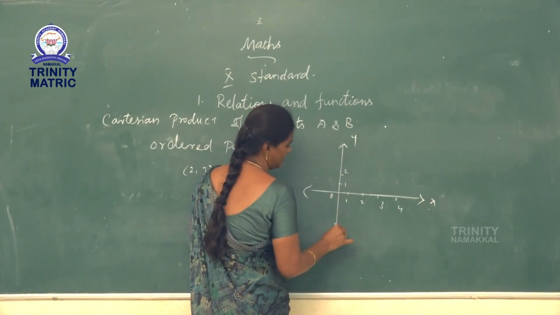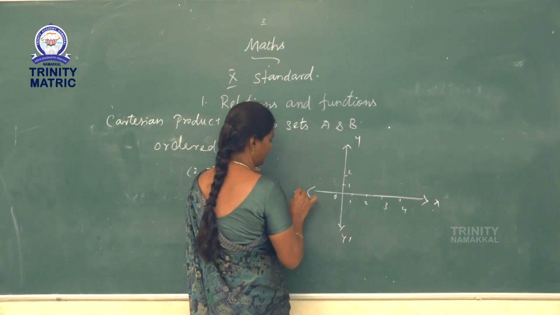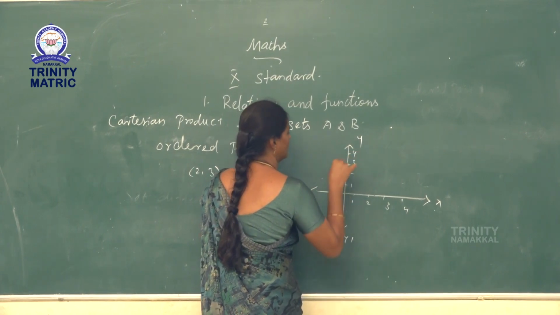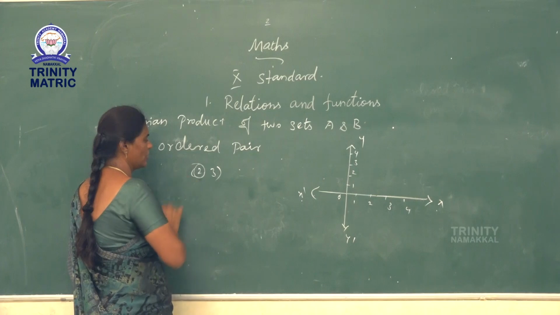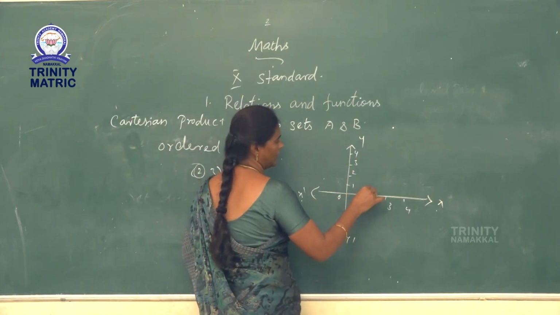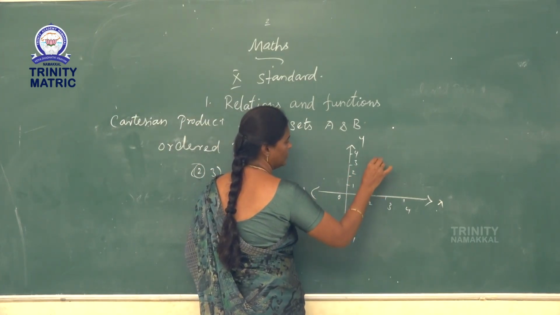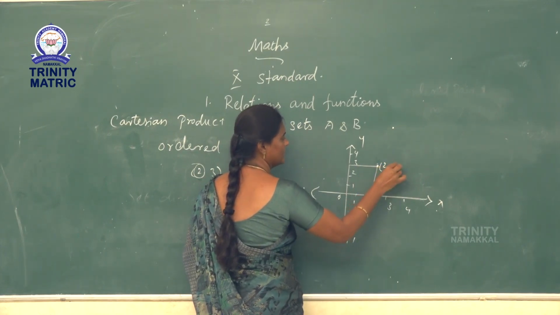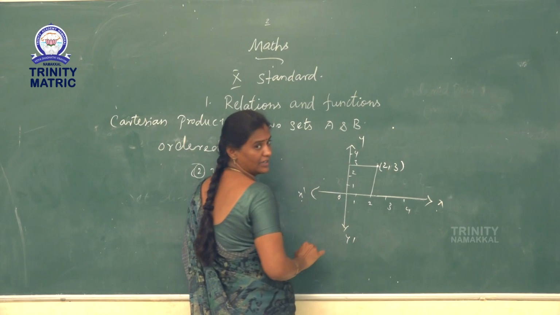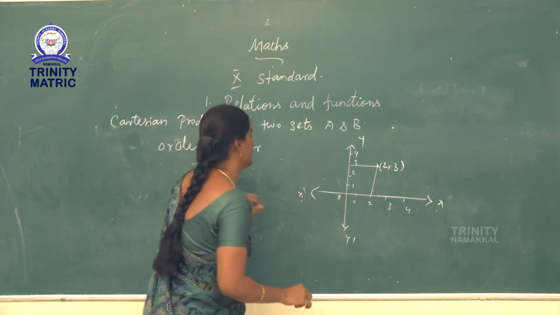This is the y axis. Here, how to plot the point 2, 3? The x coordinate is 2 and the y coordinate is 3. The two lines intersect at this position. It indicates the location. So this is 2, 3.